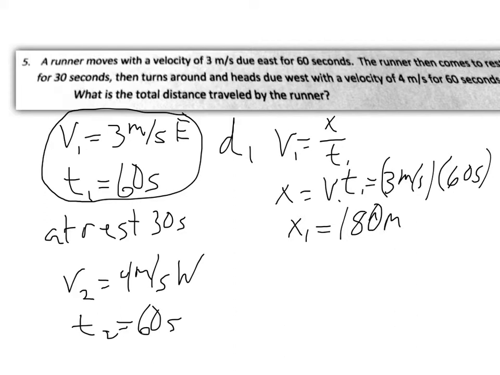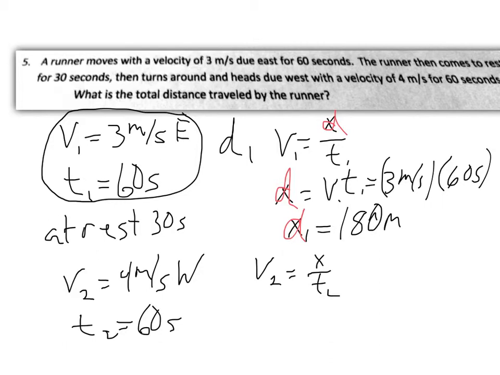Now again, it asks us for distance. So really, I could have put a D here instead of X, because it asks us for distance, but it's all right if we do it that way. V2 equals X over T2.